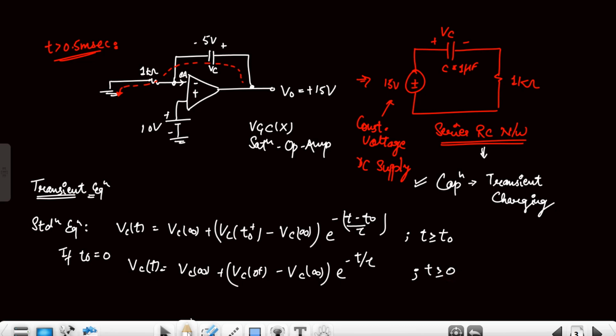But this circuit that we have drawn here is after t greater than 0.5 millisecond. This circuit is valid after this time instant.